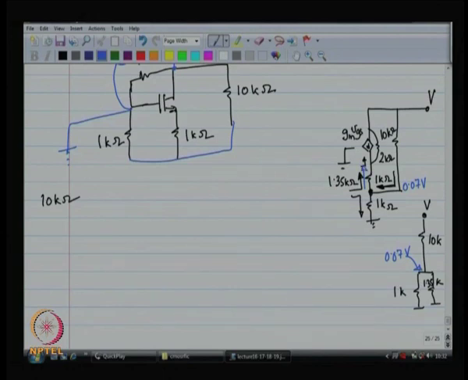I have 0.07 times V. The impedance that I see looking into that particular node is 1.35 K. So, the current going upwards is going to be 0.07 volts divided by 1.35 K. Right? What is the current this way? Current this way is V minus 0.07 V divided by 10 K. So, that is about 0.0.